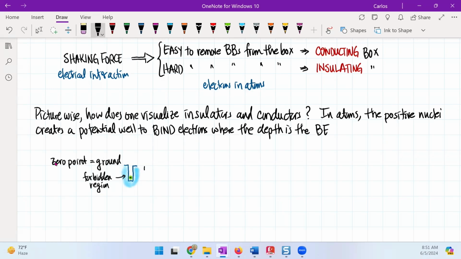So this tells me that we have a very small binding energy. This tells me that I have a shallow potential well, which then tells me that I have a lower binding energy, which then tells me it's easier to remove.